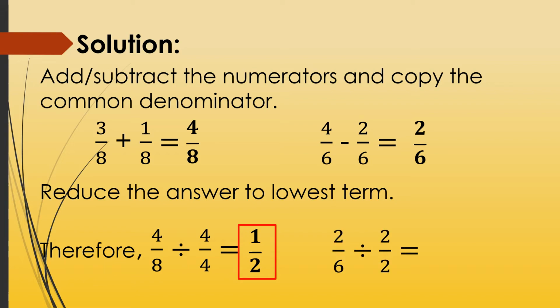So yung 2 at yung 6 ay i-divide natin pareho sa 2. 2 divided by 2 and 6 divided by 2. So the answer is 1/3 because 2 divided by 2 is 1 and 6 divided by 2 is 3. So 4 over 6 minus 2 over 6 is equal to 1/3.